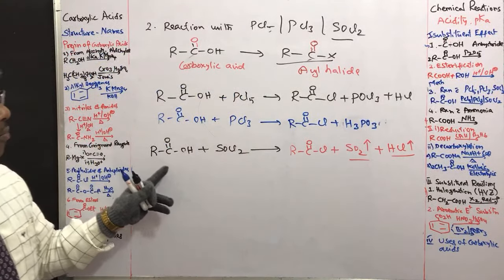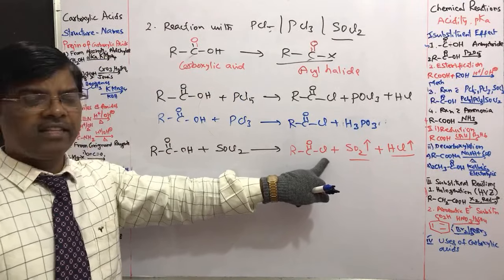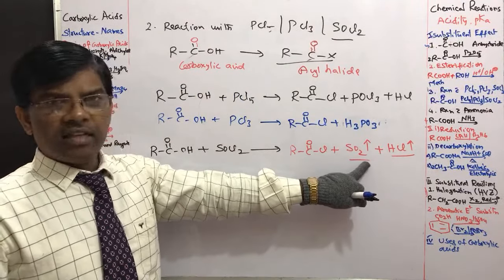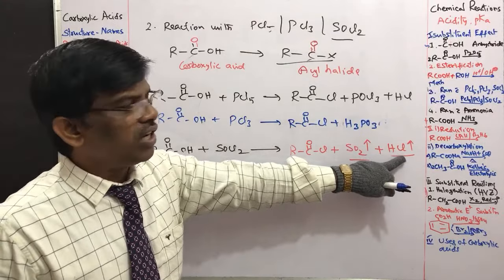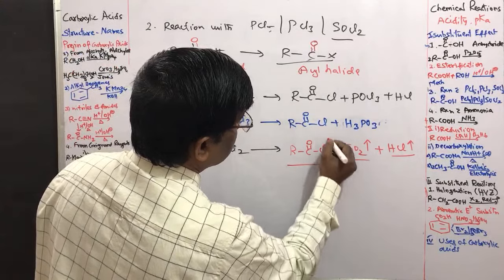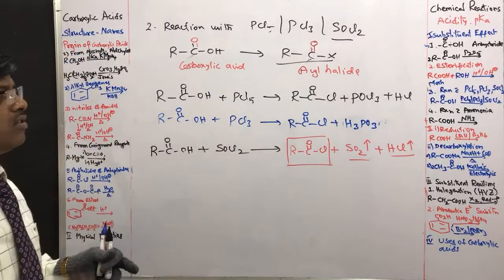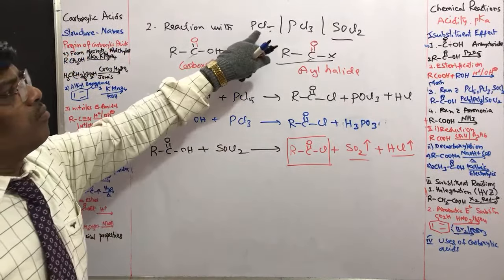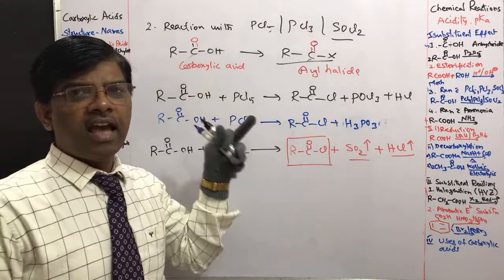Right, students? These two are volatile, and simply I can get the acid chloride and use it for other reactions. So this is how reaction with phosphorus halogens forms acid halides.